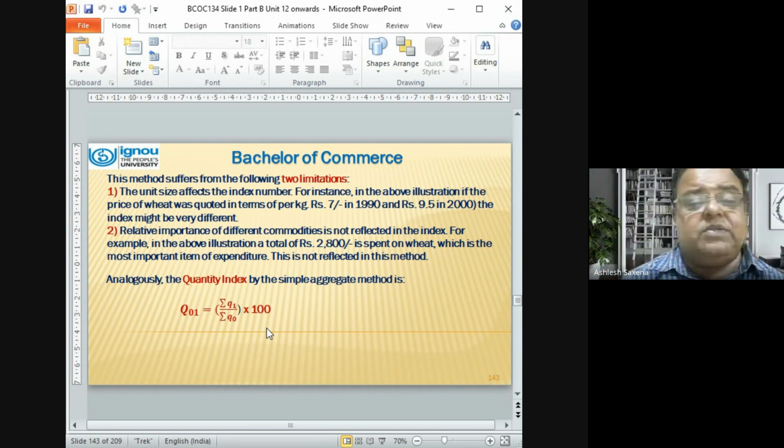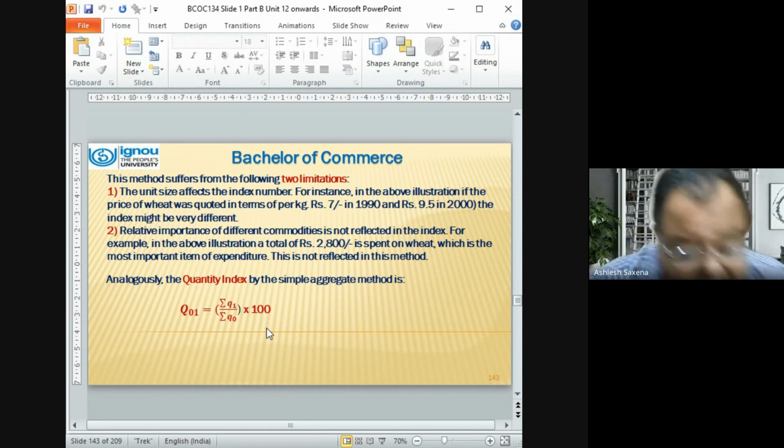Relative importance of different commodities is not reflected in the index. For example, in the above illustration, a total of rupees 2800 is spent on wheat, which is the most important item of the expenditure. This is not reflected in this method.